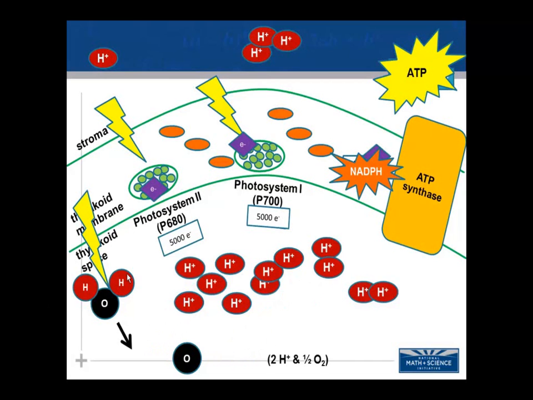And the oxygen, once we get another oxygen through the same process, by splitting another water, those oxygen atoms would join together, producing O2, and that oxygen would be released through the stomata out into the atmosphere. So this is where we get the oxygen from in photosynthesis.